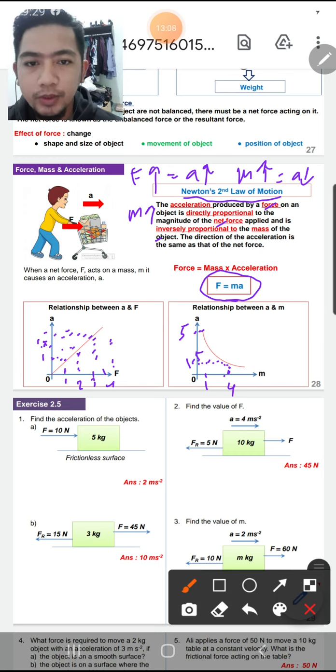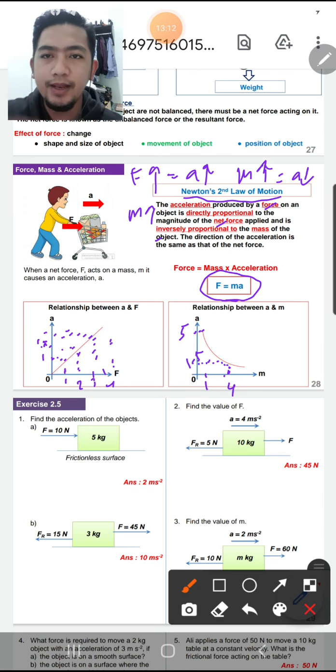Okay, that's why A is inversely proportional to M. So bila perkataan inversely, kalau salah satu tinggi, satu lagi akan jadi rendah. Okay, kalau directly proportional, the first variable increase and the second variable also increase. Dua-dua akan increase. Kalau satu turun, dua-dua turun. Alright.